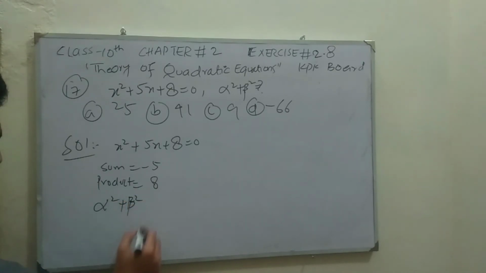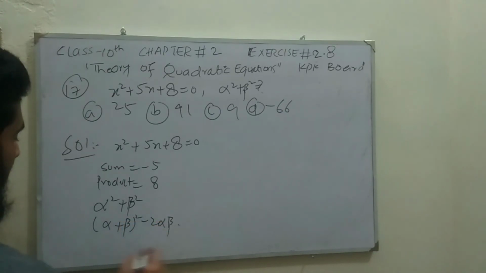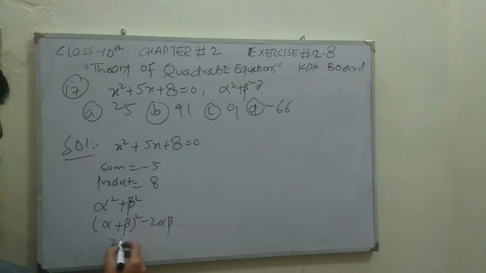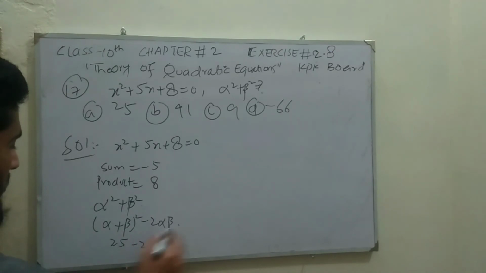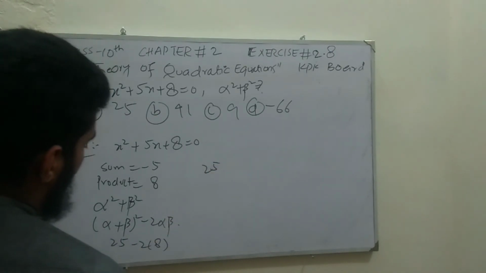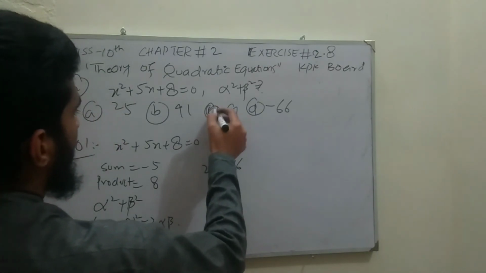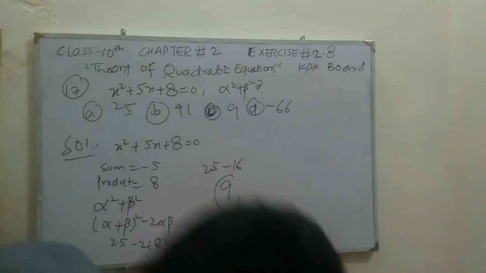In the previous question we learned that alpha square plus beta square can be written as alpha plus beta whole square minus 2 times alpha beta. Alpha plus beta is the sum, which is minus 5, so minus 5 square gives us 25. Minus 2 times alpha beta, the product, which is 8. So 8 multiplied by 2 gives us 16. So 25 minus 16 gives us 9. So the answer is 9, which is option C.